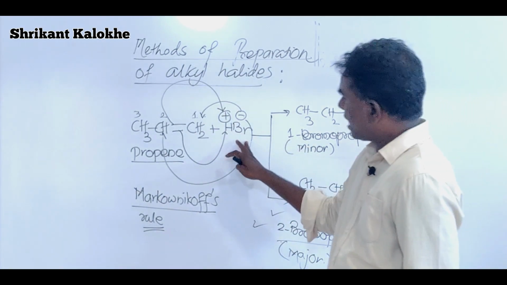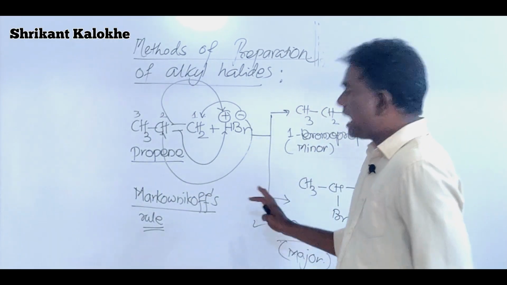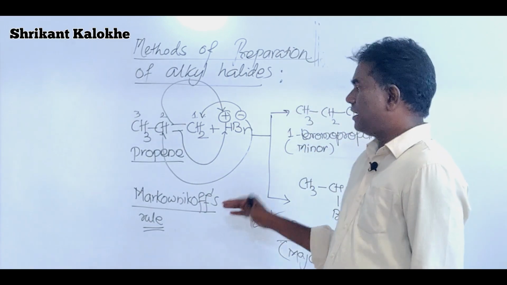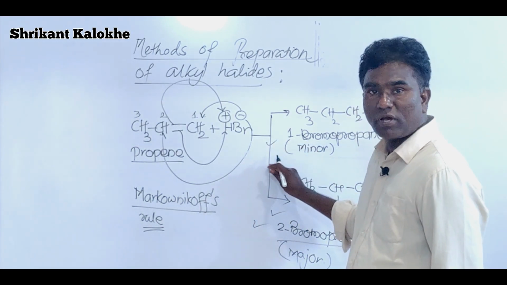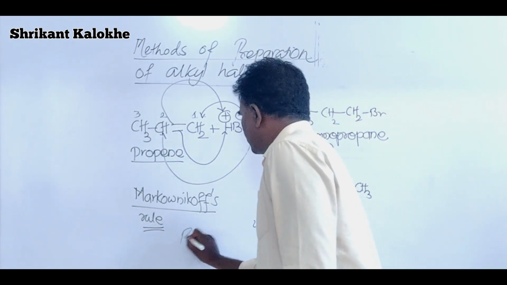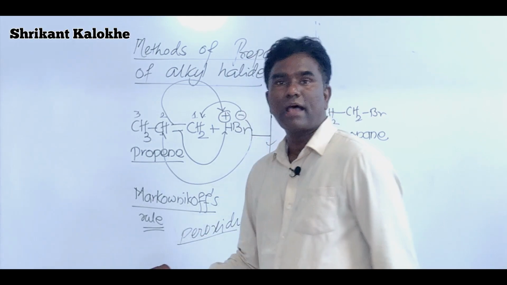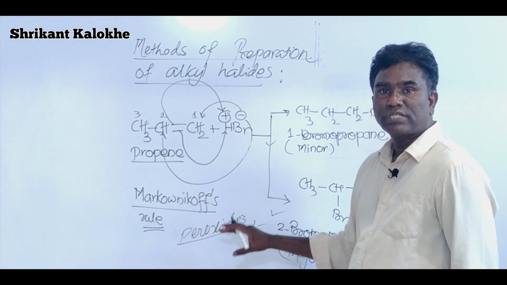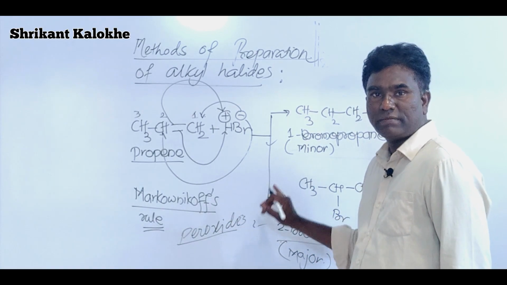In this way, halo acids could be added in alkenes and they could be converted into alkyl halides. In this case, if you want anti-Markovnikov's addition, which means if you want 1-bromopropane as a major product and you want to change this scenario in an opposite manner, then there are peroxides which are used in this case to make this reaction go in an opposite manner.